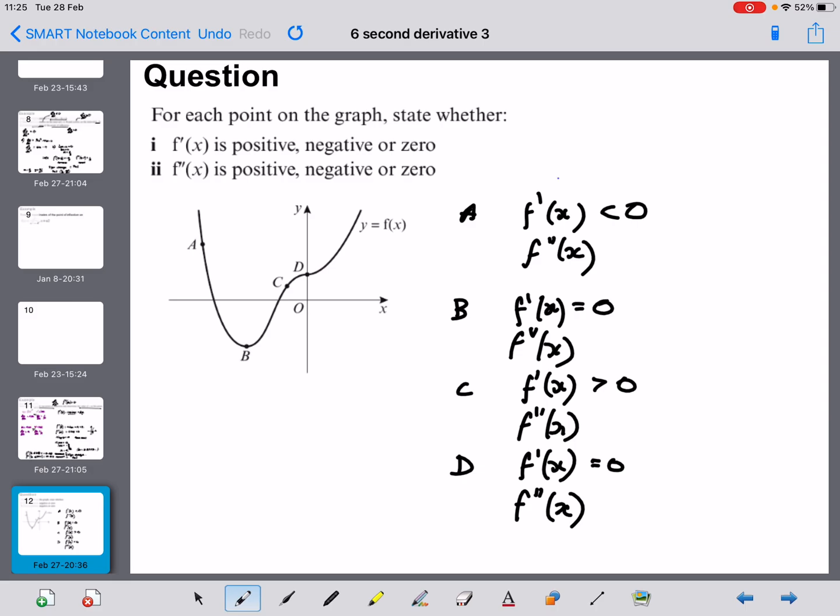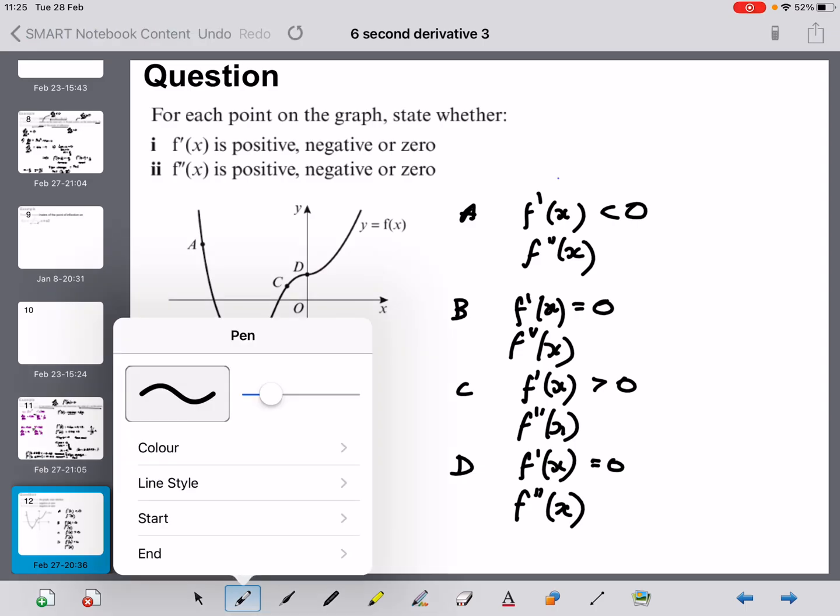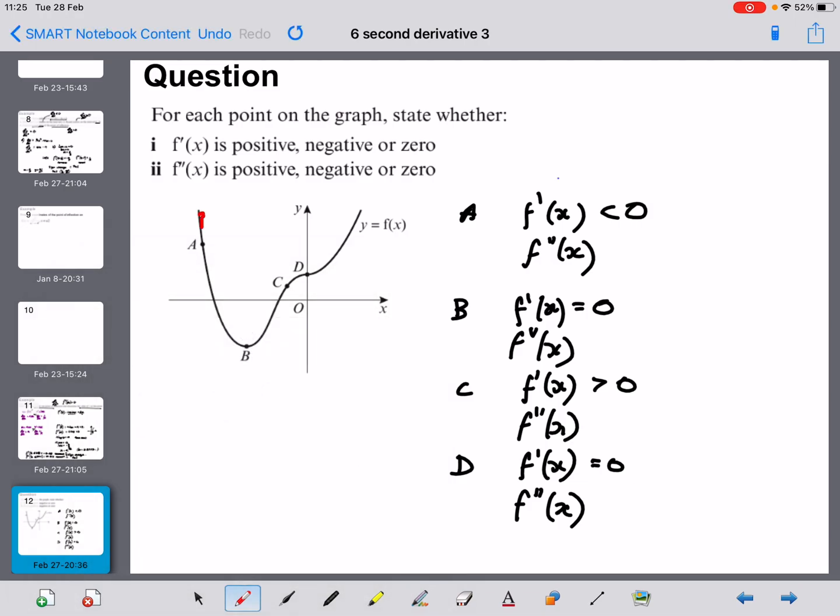So all along here, if I just go over it, all along here, probably until we get to about here, the graph is going to be convex. So therefore that is going to be greater than 0.